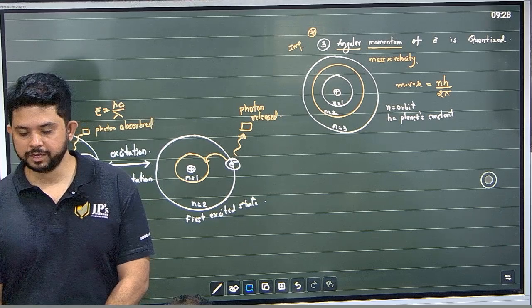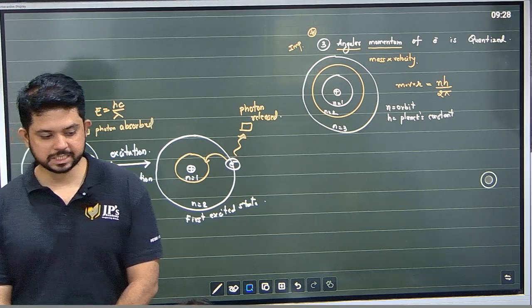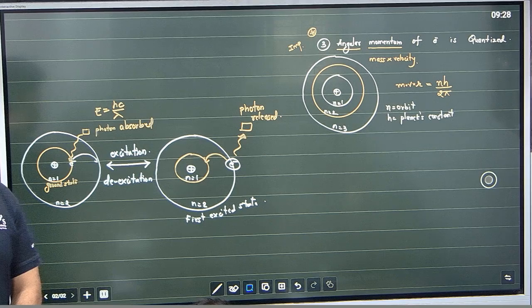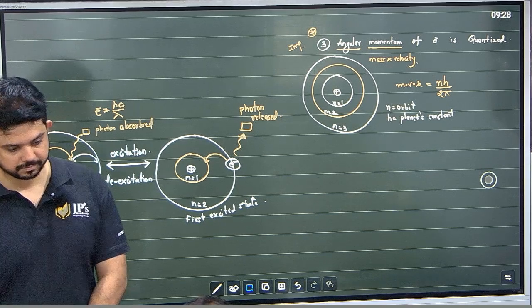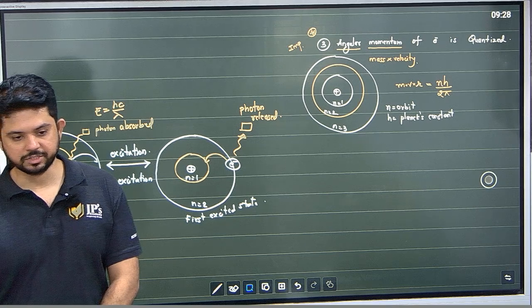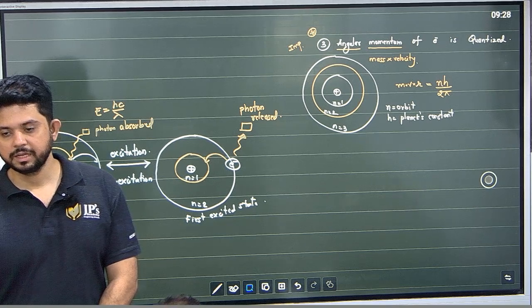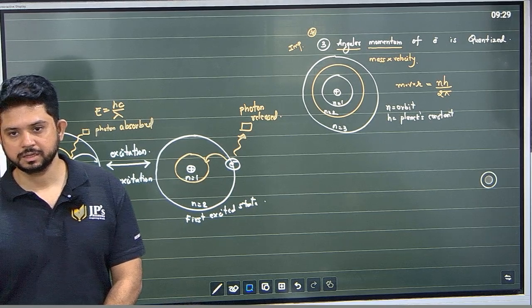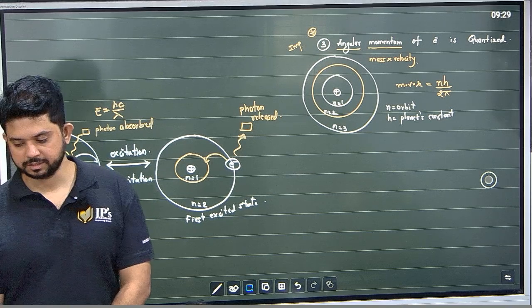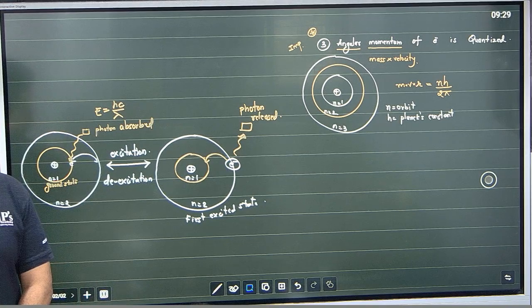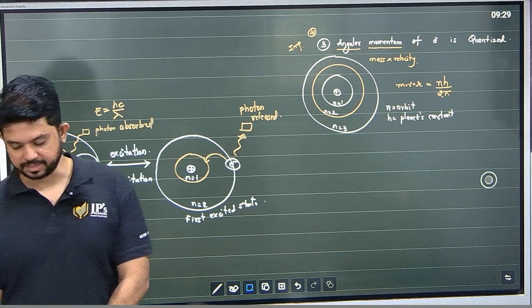And when it moves on to the next energy level, it is known as excited state, first excited state.